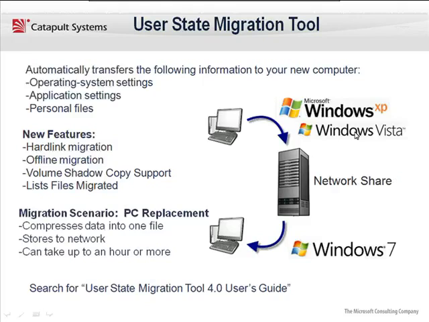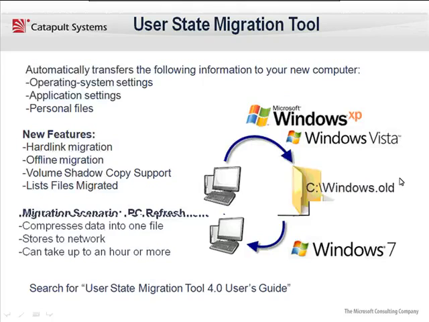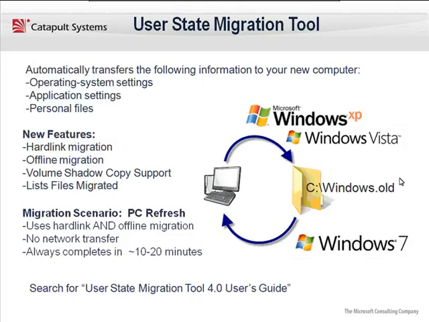You still need to use this technique if you're going to be moving users' data from one computer to another. This is called a PC replacement scenario. But in the case that you are refreshing the same PC, say if you're upgrading a Windows XP or Windows Vista computer to Windows 7, then you can use two new features in the user state migration tool that will allow you to accomplish a migration in very little time.